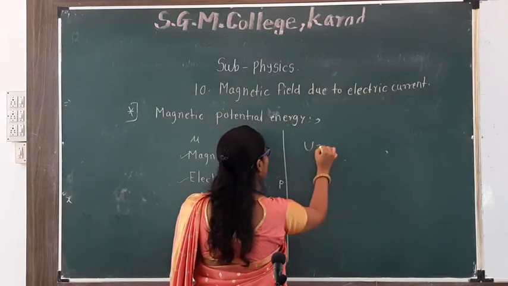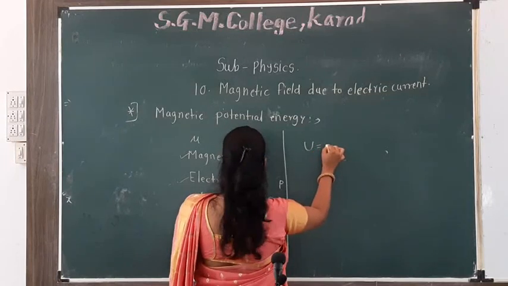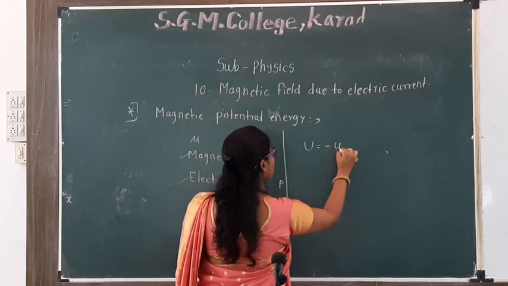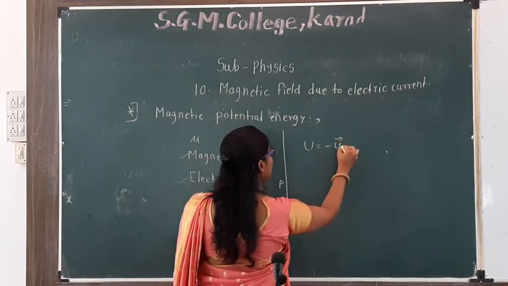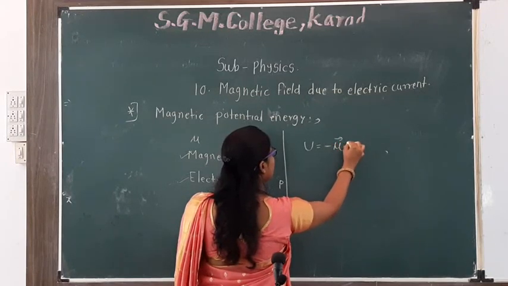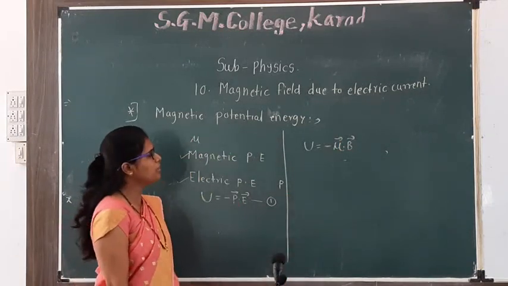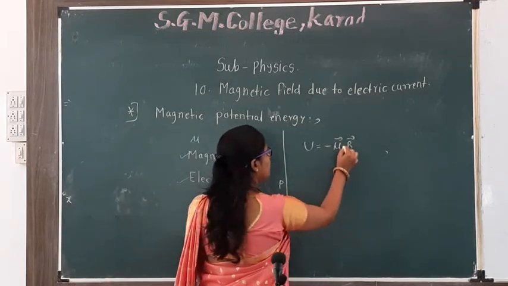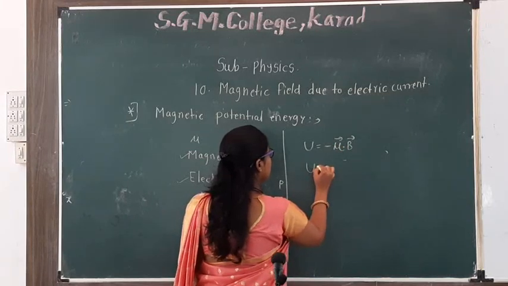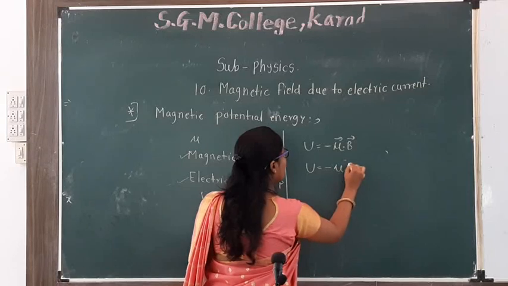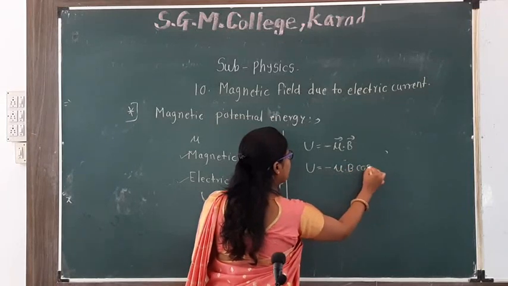Like electric potential energy, there is also magnetic potential energy: U is equal to minus vector mu dot vector B. It is a dot product, so we can write minus mu B cos theta.